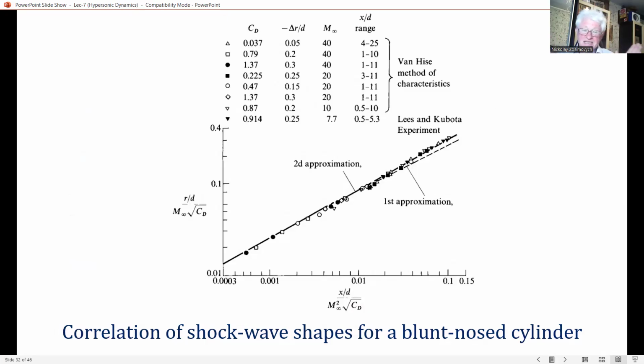We note that the slope of the curve on the logarithmic plot is 1/2. And for the blunt nose cylinder, the shock wave shape varies with CD to the power 1/4, and directly as the square root of X/D.